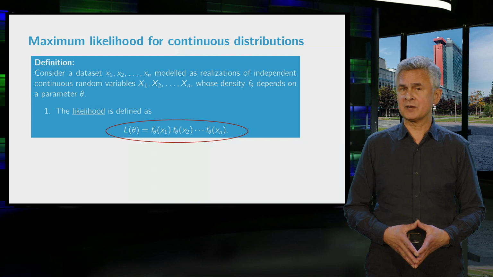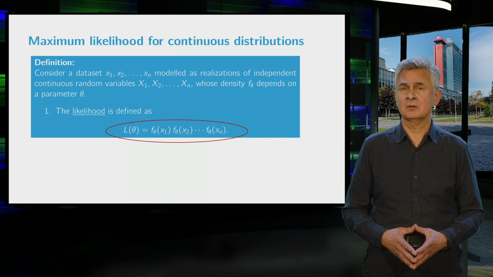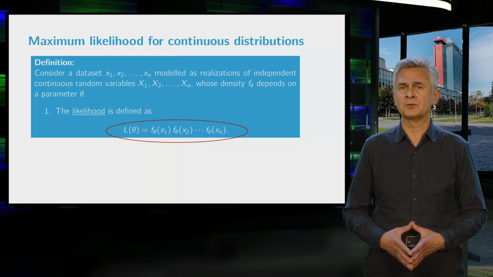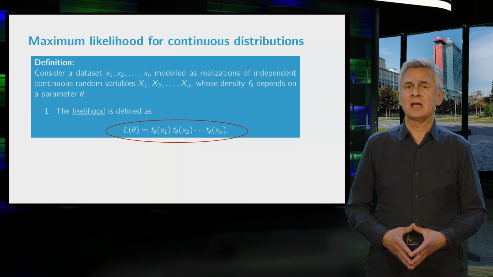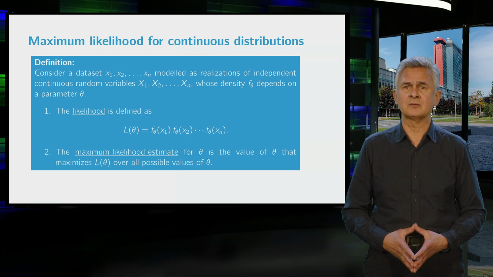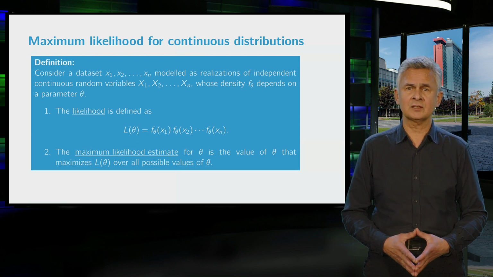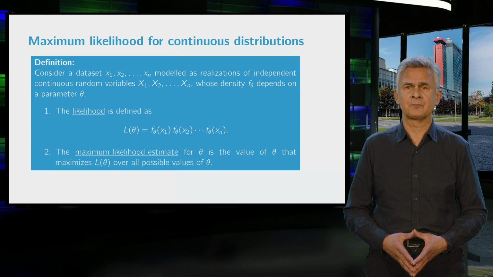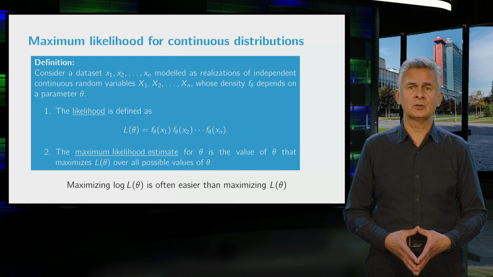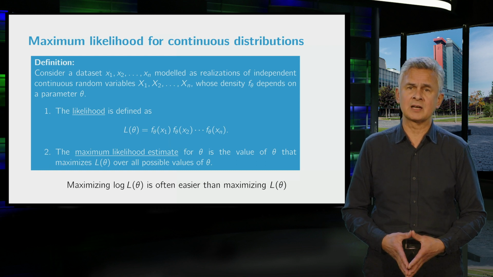A similar expression as in the discrete case, but now we have marginal densities instead of marginal probabilities. As before, the maximum likelihood estimate for theta is that value of theta for which the likelihood attains its maximum. And once again, maximization of the log likelihood is often easier than maximizing L itself.